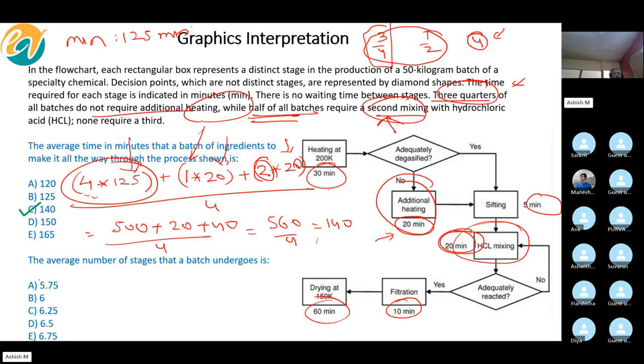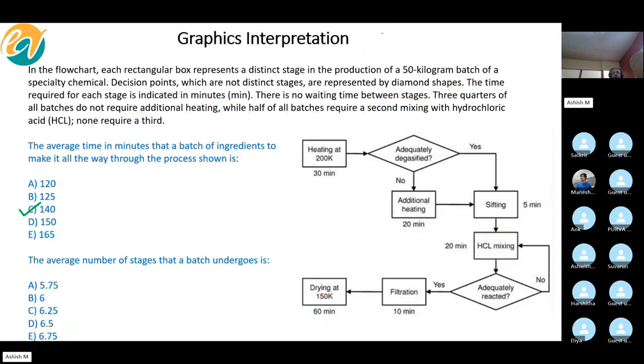All right. Now let's go to the very similar average number of stages. First, exactly the same thing: let's assume a total of 4 batches. Tell me what is the least number of stages. Notice, very nice. So basically 1 stage, 2, third stage, fourth stage, and fifth stage. We are talking about a total of 4 batches, so all the 4 batches obviously require 5. And then one batch would require what?